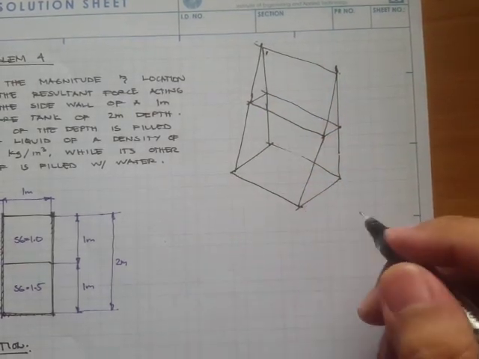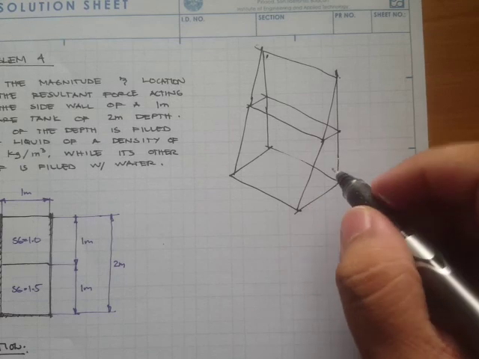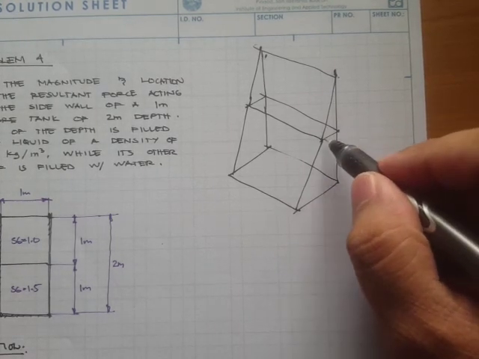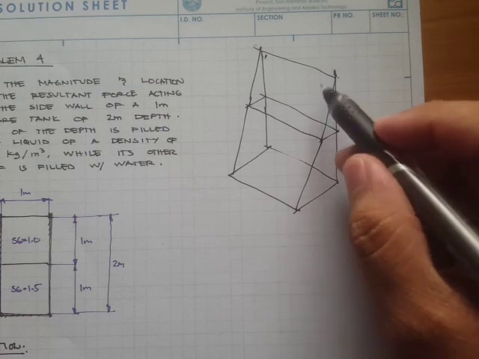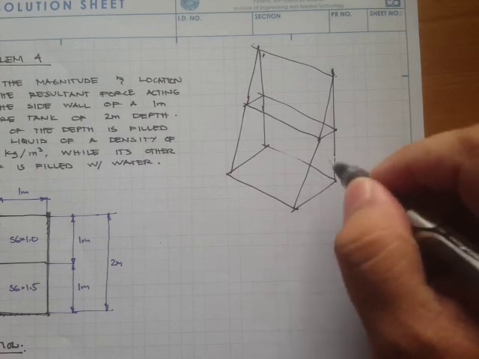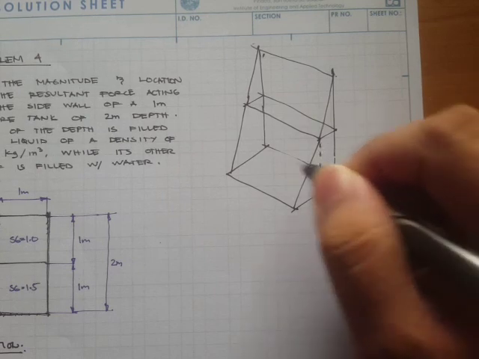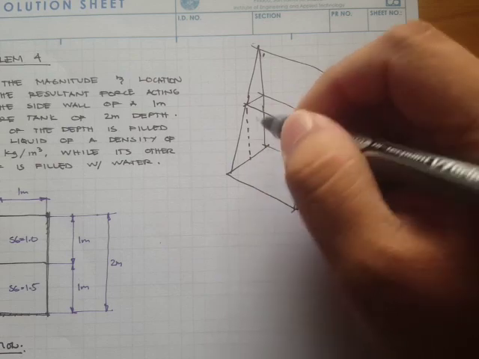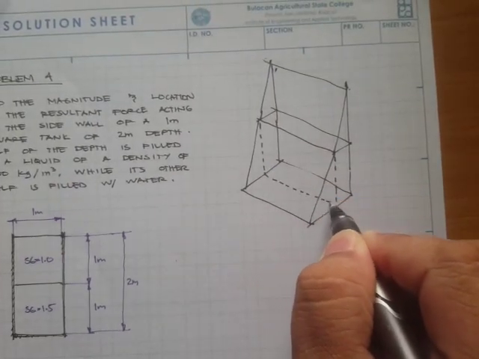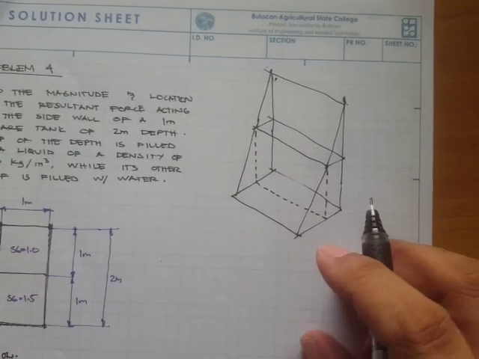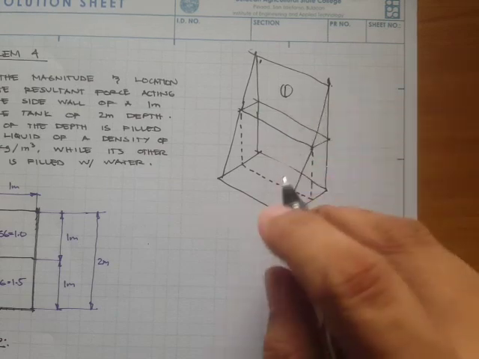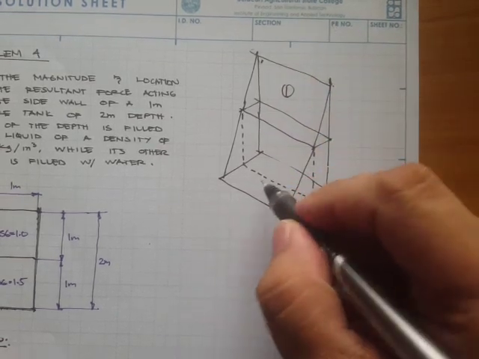Okay, so this is our pressure profile. Since we have a triangular profile on top and a trapezoidal profile at the bottom, we can simplify this into a rectangle plus the triangular portion. Let's label this as profile number 1 or prism number 1.